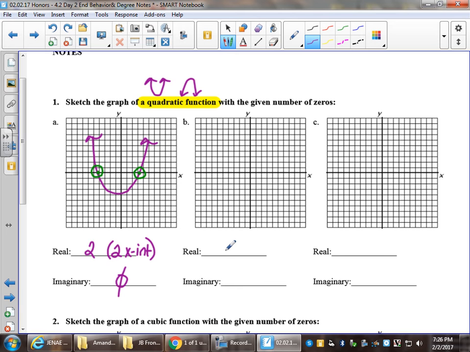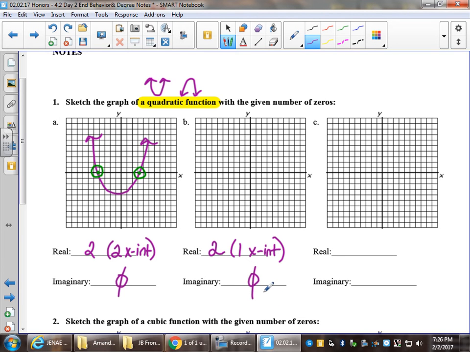Next, two, again, two real zeros, but only one x-intercept. And you may be saying, well, wait, if there's two real zeros, shouldn't there be two x-intercepts? The answer is no. Think back, and this will be no imaginary.